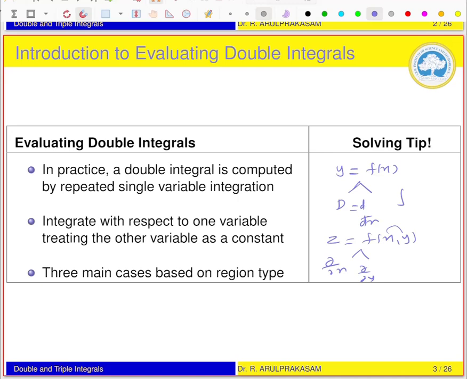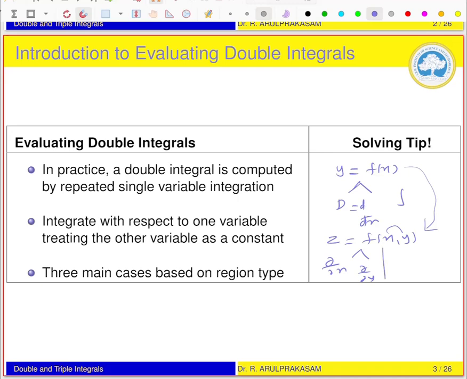Now what is the motivation? We want to extend functions of one variable to two variables. You know how to do the differentiation, but you don't know the integration. The integration we are extending from first semester to second semester. Suppose a function involves more than one independent variable, how to do the integration?